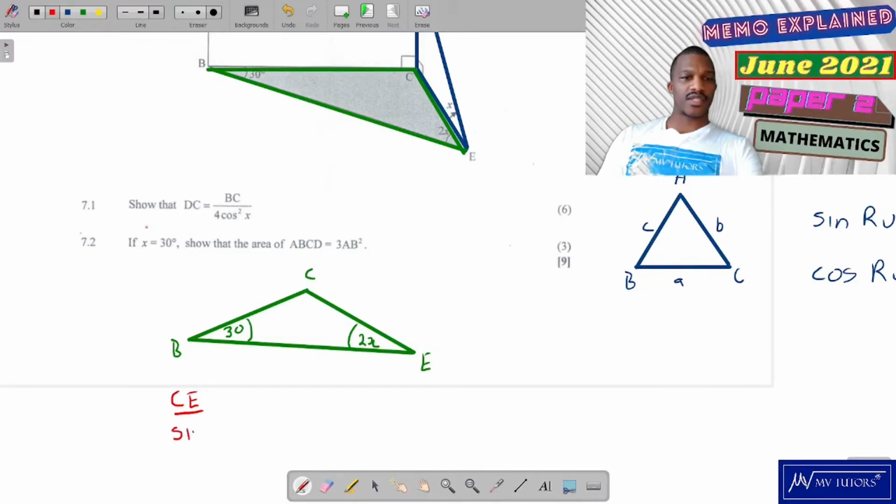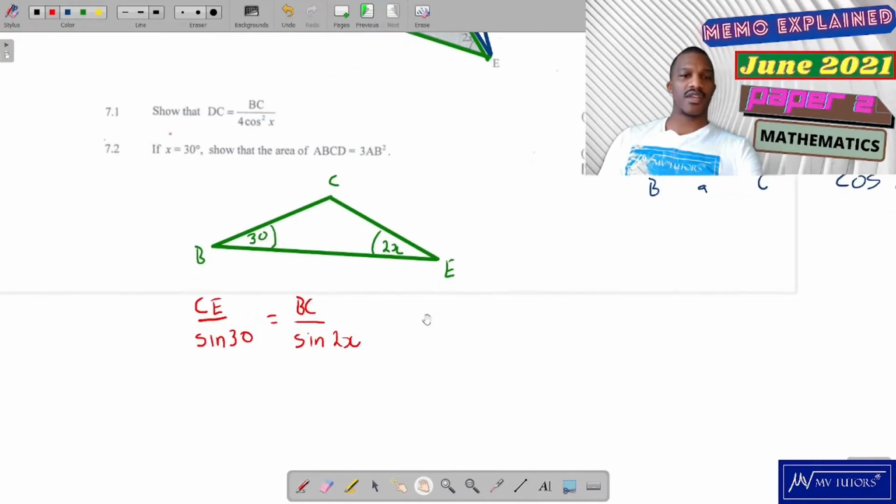Let me just write the sine rule as it is: CE, and the angle opposite CE is 30, is equal to CB or BC. What did they use? They said BC. Let me just stick to what they use as well, BC so that it will be easier to identify, divided by sine of the angle opposite BC, which is 2x.